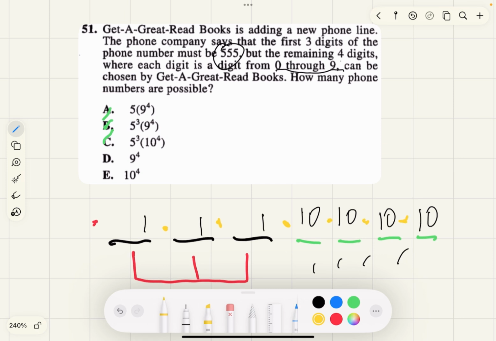And what we see is that the best option is option E, because 10 times 10 times 10 times 10 is just equivalent to 10 to the fourth. And 10 to the fourth times 1 times 1 times 1 is just 10 to the fourth, which matches up with option E right here.